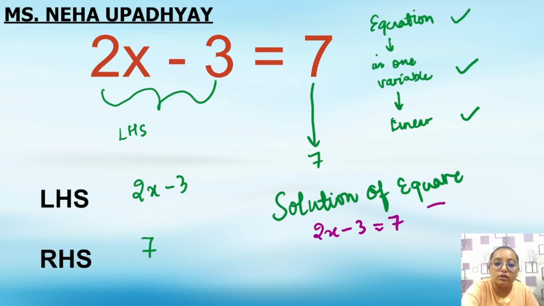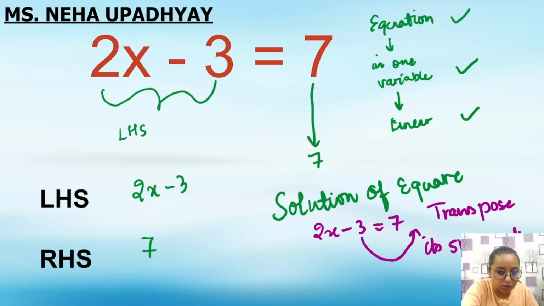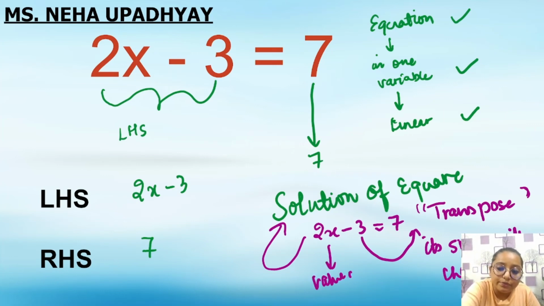There is a word called transpose. It means when we transpose a number, that means when this 3 goes to this place, its sign will change. Okay. So we will discuss this and why we are doing it. We will use this word transpose to find the solution of this equation. That means we will find the value of x. Clear to everyone? Let's see how we do it.